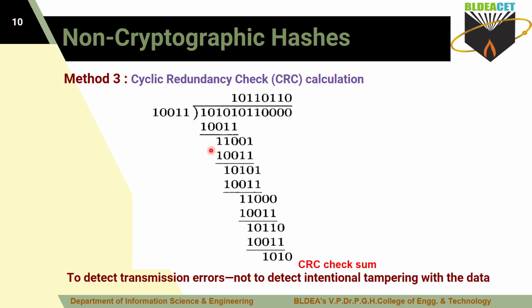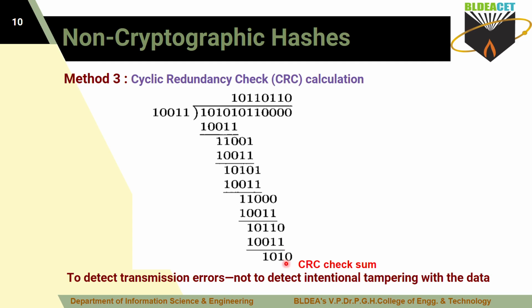After dividing, what result do you get? The remainder. That remainder you take as the CRC checksum, and you add this CRC checksum to the message, encrypt that message, and send it to the receiver. You are using the CRC as a hash key here.